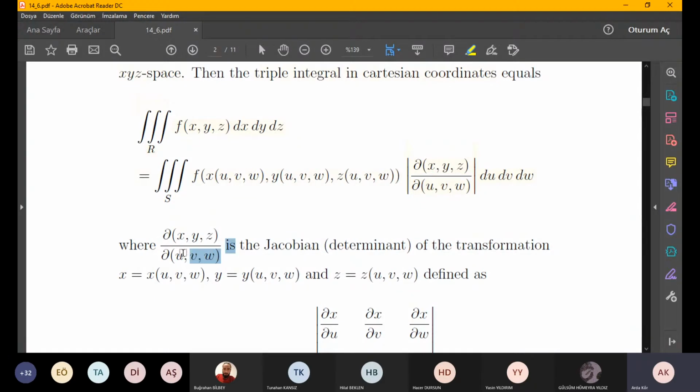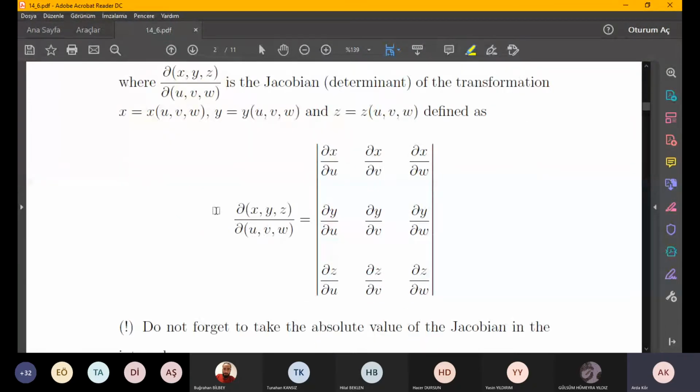Of course, here again, this is the Jacobian determinant of the transformation. If you write this Jacobian determinant, it will be the determinant of a 3 by 3 matrix.